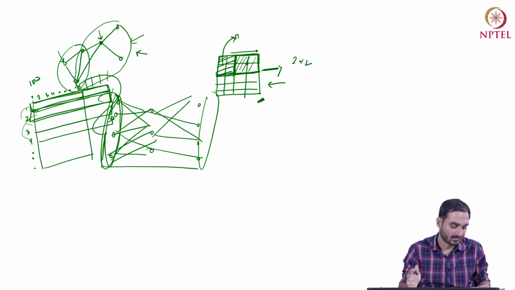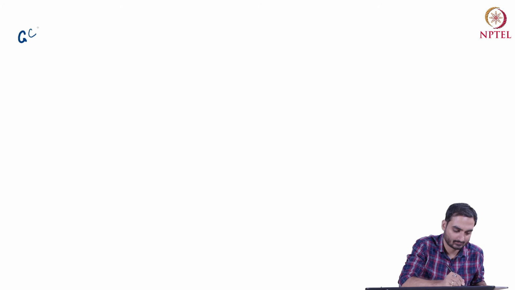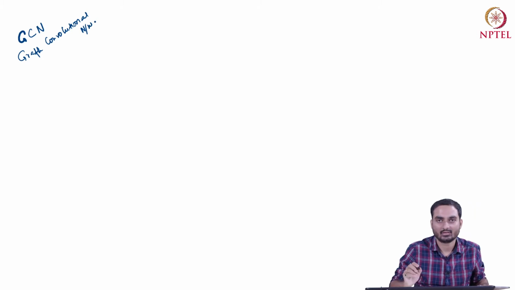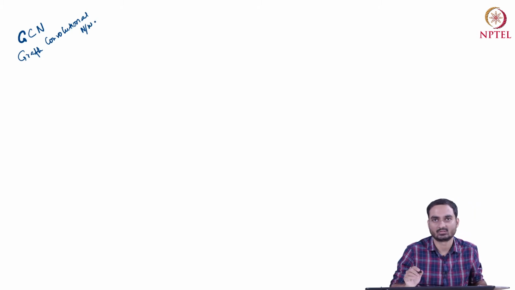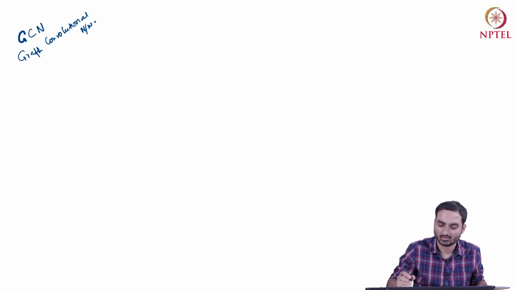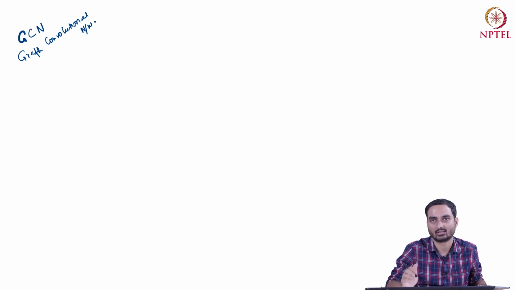So, how do we tackle this problem? In case of graphs, we use GCN, graph convolutional network. In a normal convolution operation, with a CNN kind of tool, what are the two basic operations that we do?